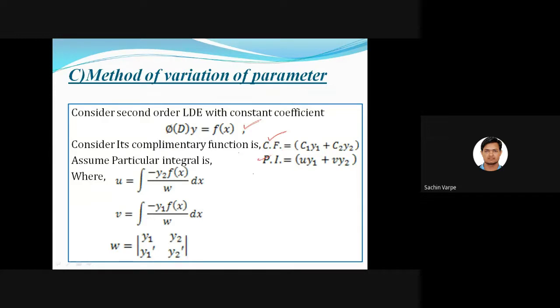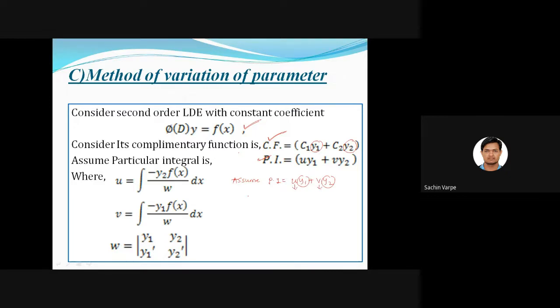How? Say, suppose if complementary function is c1 y1 plus c2 y2, then we assume particular integral is u y1 plus v y2, where y1 and y2 are the coefficient functions of c1 and c2. Clear? Now here we have introduced two new variables, v and u.